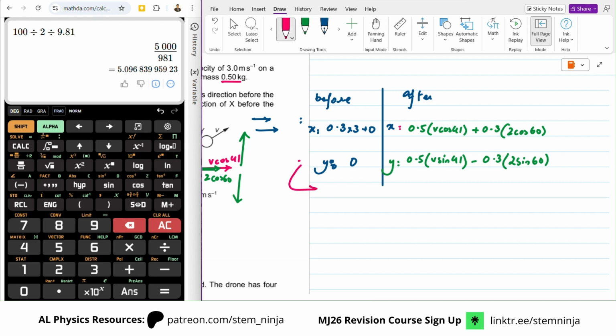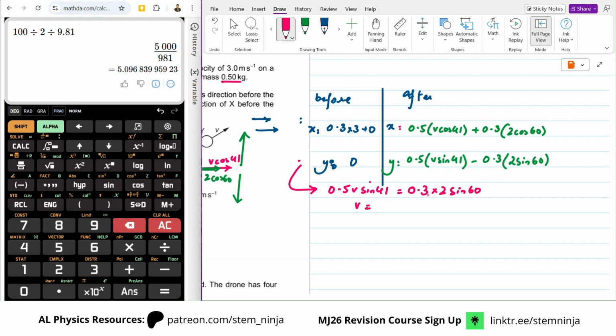So let's say, for example, we choose this one. You get 0.5 v sin 41 equals 0.3 times 2 sin 60.